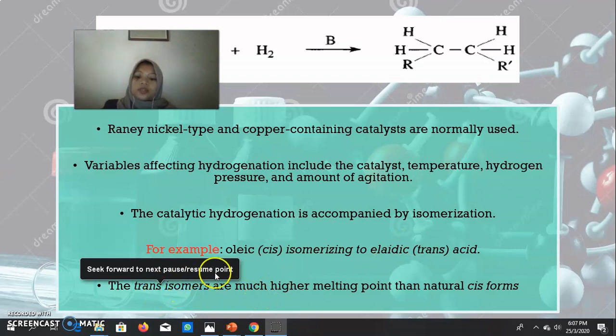The trans isomers have a much higher melting point than the natural cis forms. This is because of their structure. The trans isomer has a linear structure, while the natural cis form has a kink in its shape. Because of the kink, it is difficult to pack the molecules together in a stable crystalline lattice.